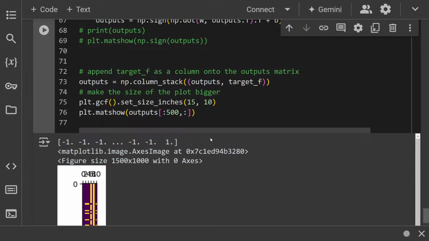The width of the layers is equal to the input dimension.